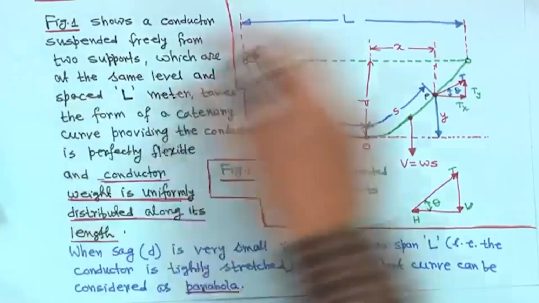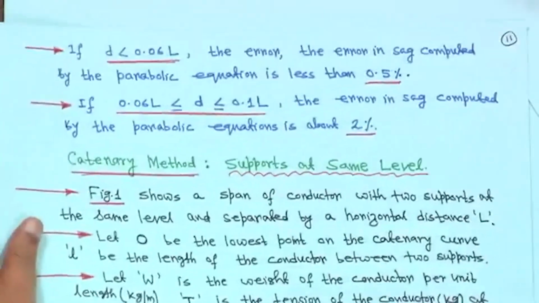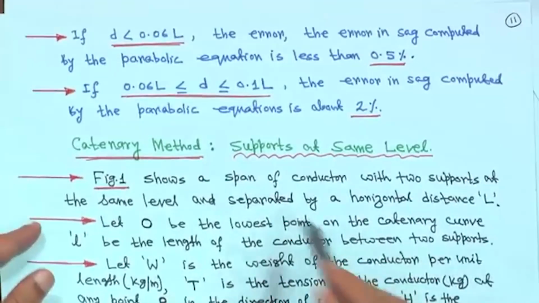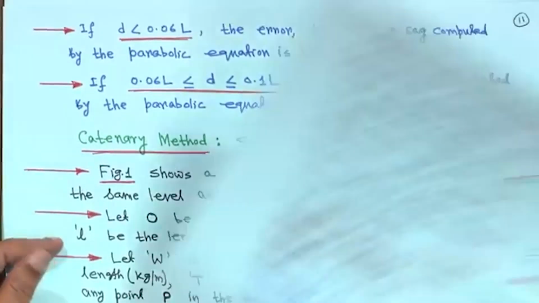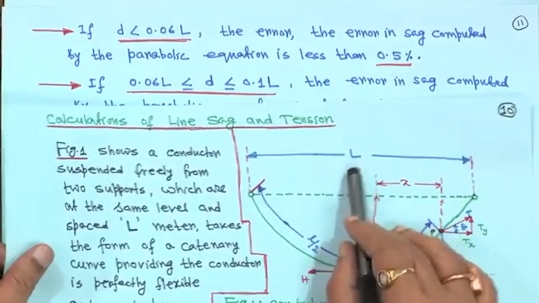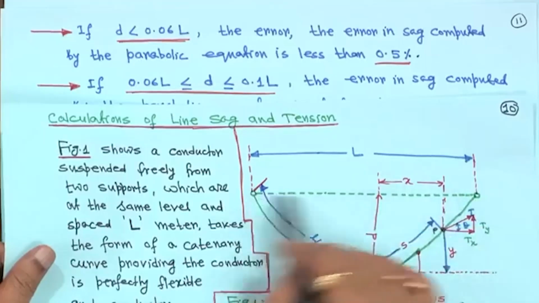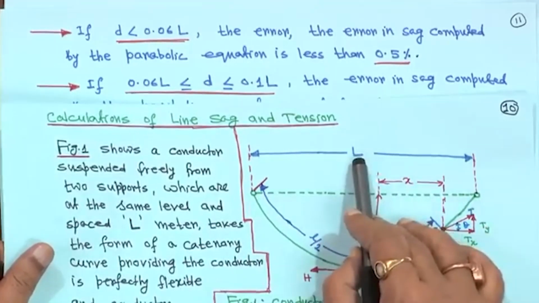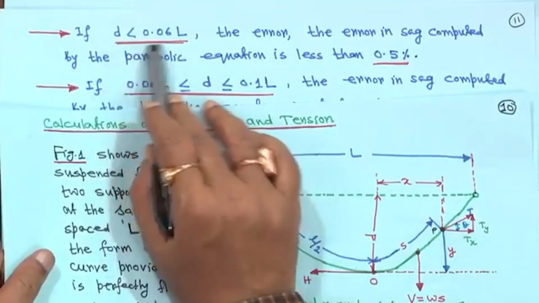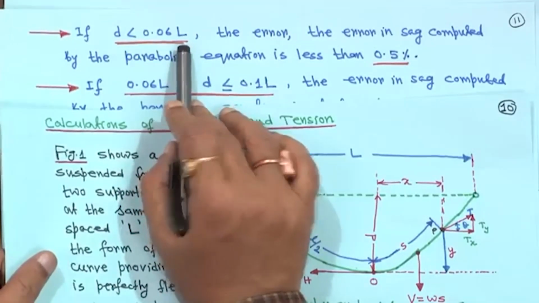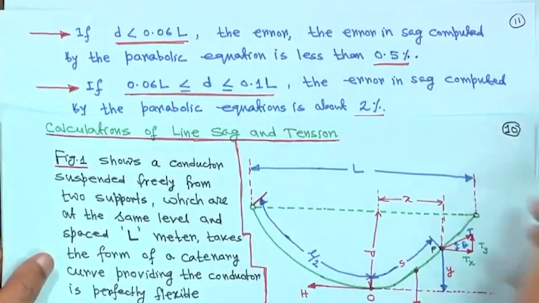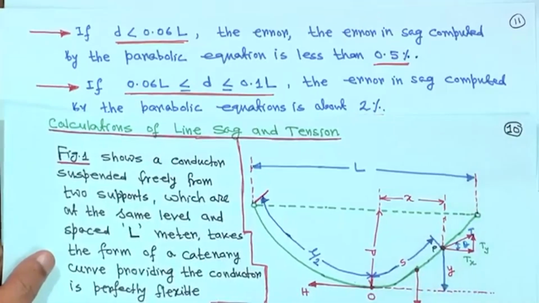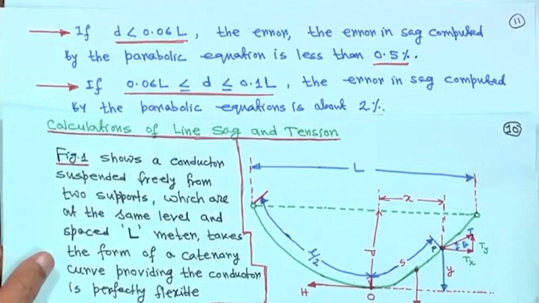If d is less than 0.06 L, where L is the horizontal distance between the two towers, the error in sag computed by the parabolic equation is less than 0.5%.